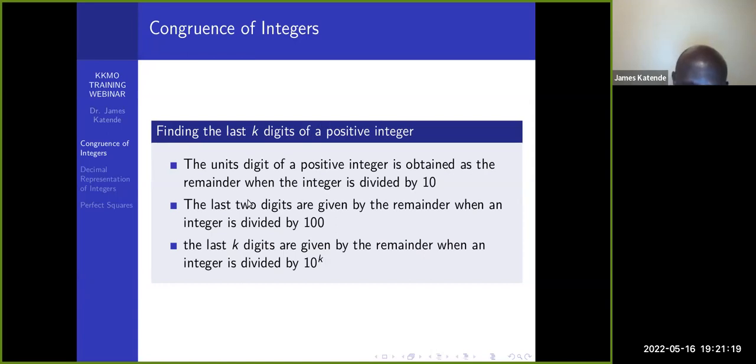So many times you may be asked to find the last two digits of a given integer, and your strategy might be to find the remainder when divided by 100. If you are just finding the last digit of a given number, the strategy that would work would be to find the remainder when divided by 10, and so on. That may be worth considering.